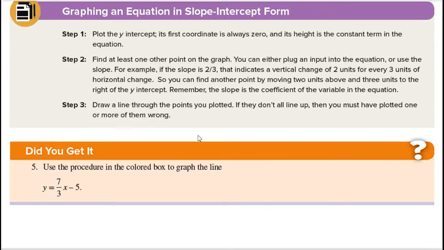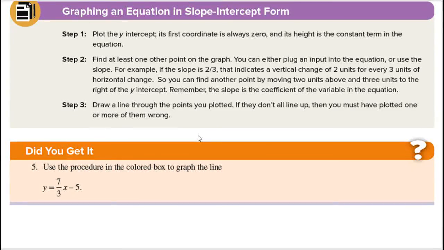Okay. Plot at least one other point on the graph. You can get that from the equation. You can think it through kind of the way I was doing, just based on the slope of the line. Draw a line through the points you plotted.